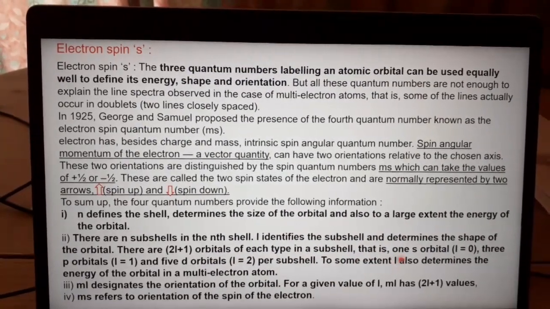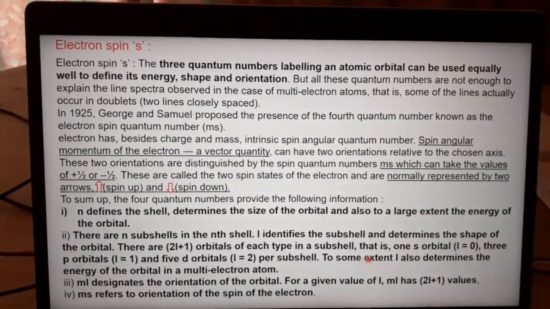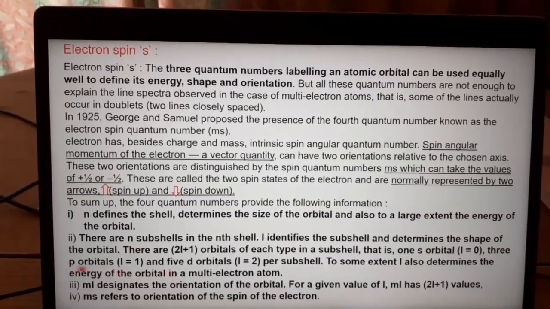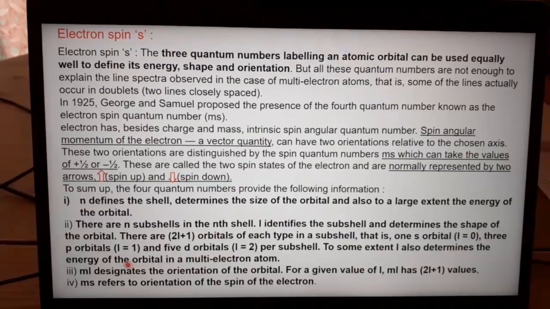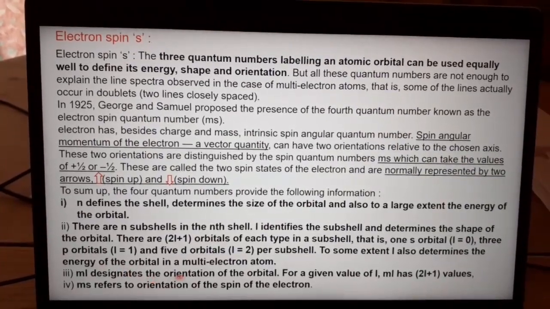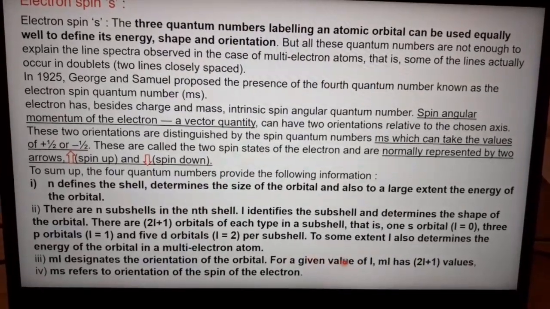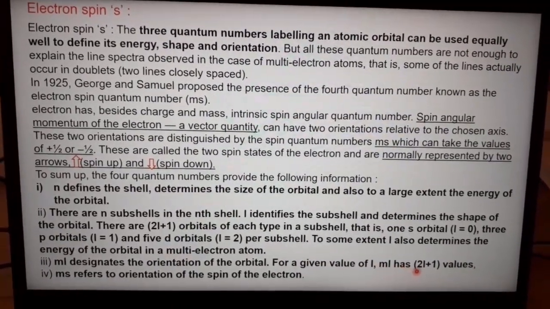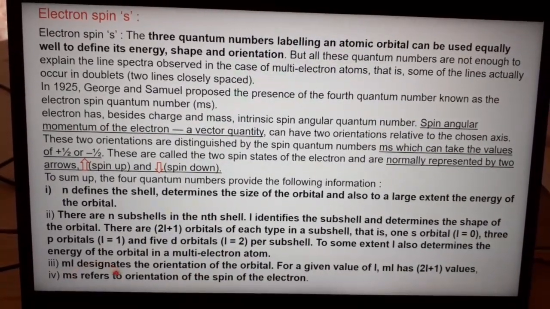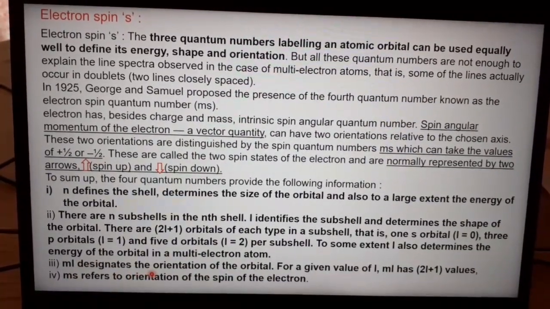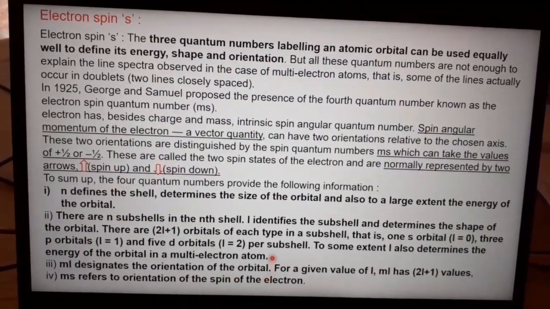If we know the l value, we can designate the shape as s, p, d, f. The ml value is important because it gives the orientation of the orbital, and for a given value of l, ml has 2l plus 1 values. Finally, ms is the electron spin state, which refers to the orientation of the electron's spin on its own axis.